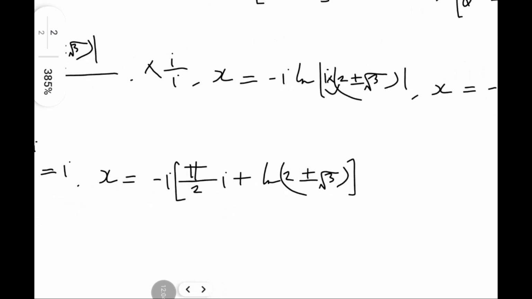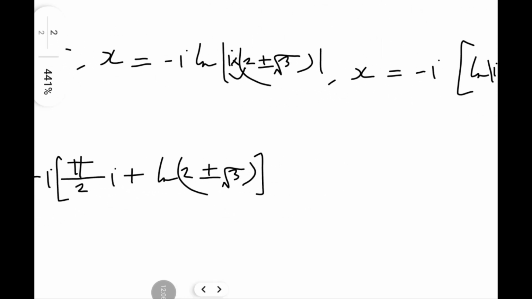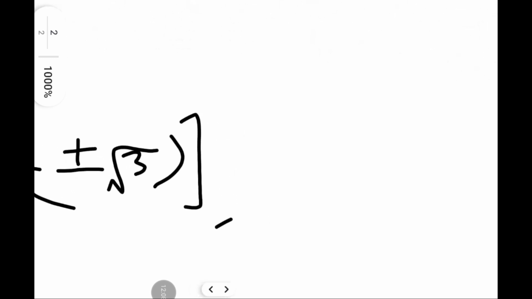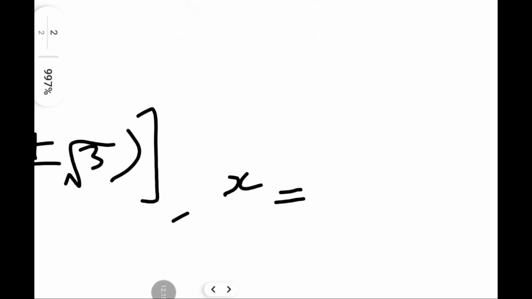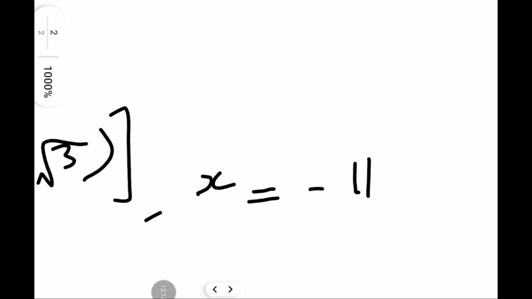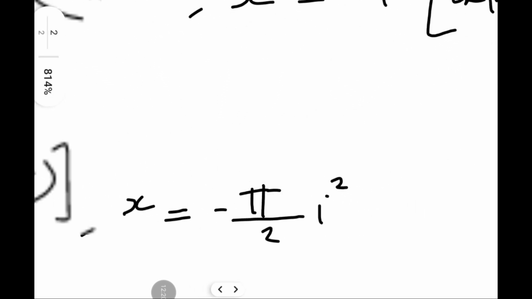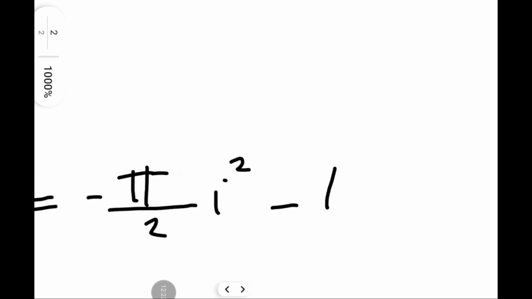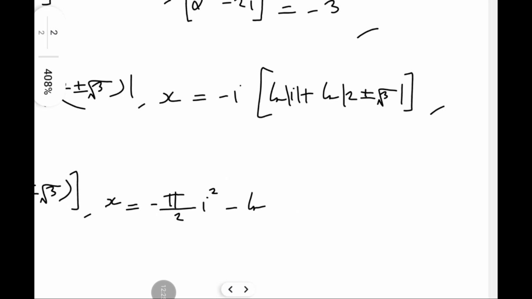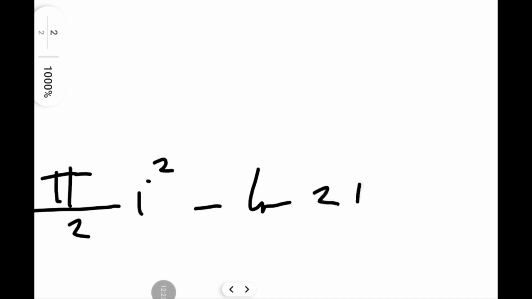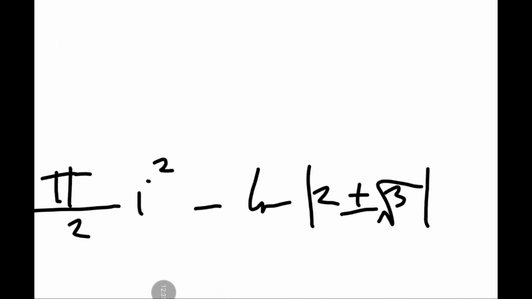And with this form, you can expand it out. When you expand it out, you're going to get x is equal to negative pi over 2 i squared, as it's i times i, and minus ln, the natural logarithm, of 2 plus or minus root 3 times i.